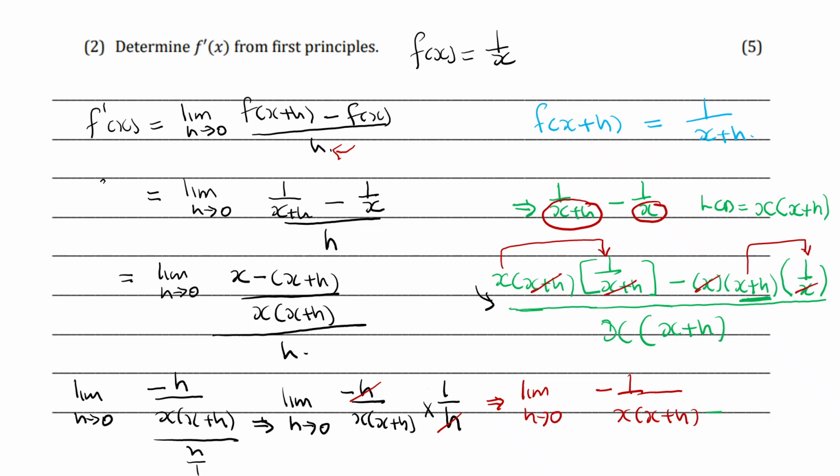We can substitute, and when we substitute, we need to drop this limit. When you substitute, you drop it. So this is equal to minus 1 over, where there's h, we need to put 0. So this will be x into x plus 0. Then what is the final answer? It is just 1 over x squared, which is negative. So the answer is negative 1 over x squared.